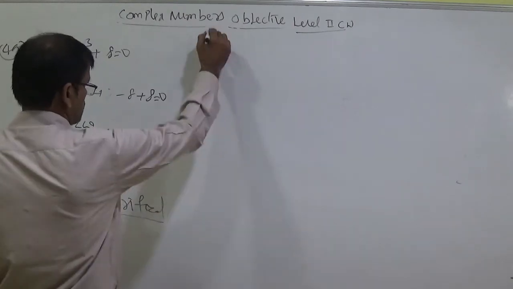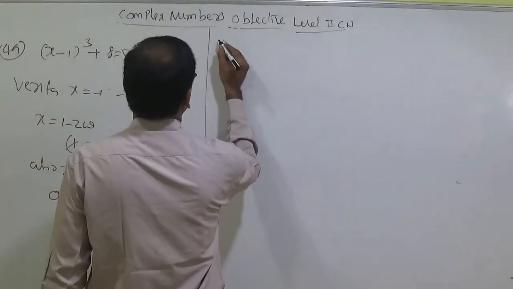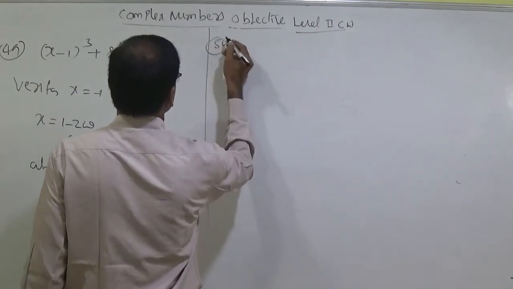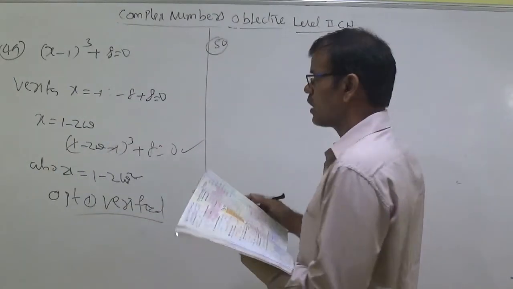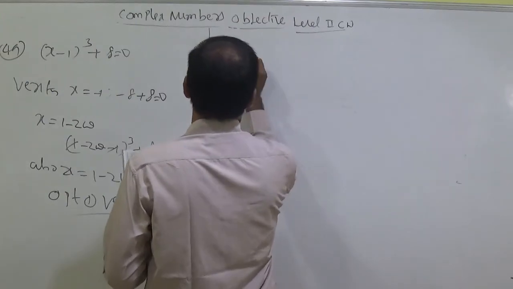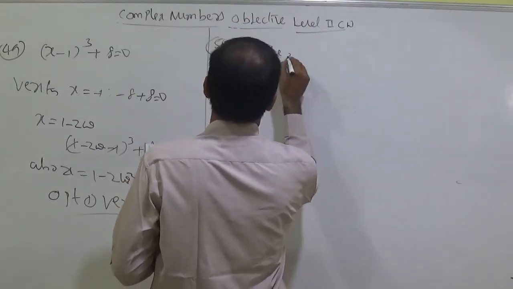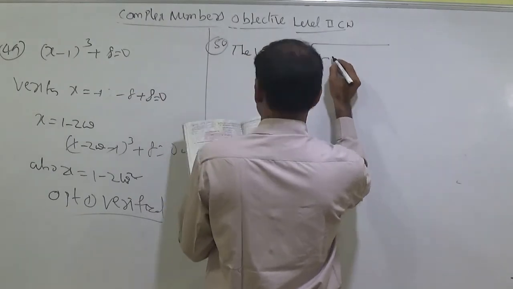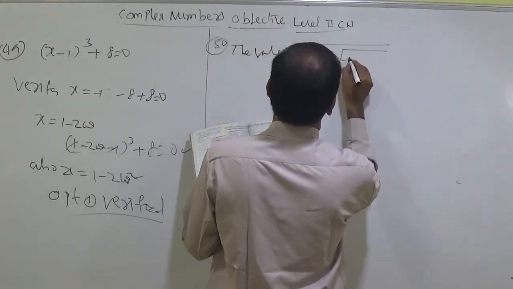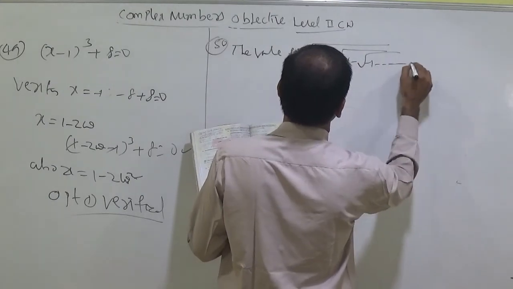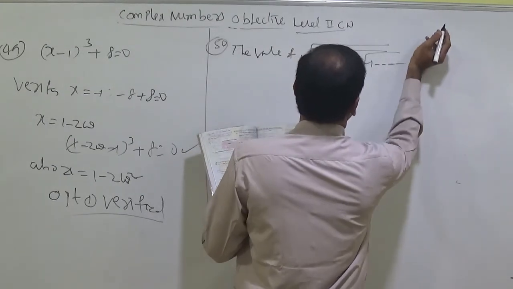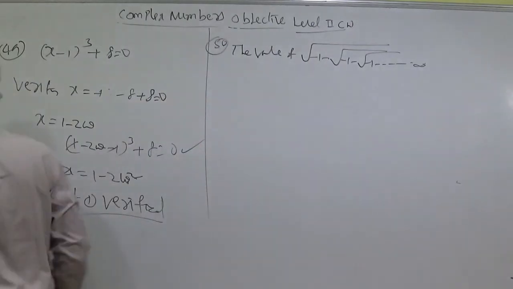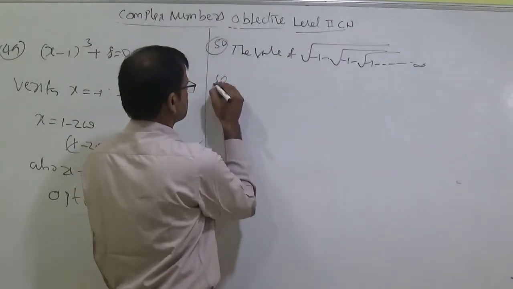Now the last question of level 2 classwork in our material, the 50th question. The value of root of minus 1 minus root of minus 1 minus root of minus 1, and so on until infinity. This is an easy question.